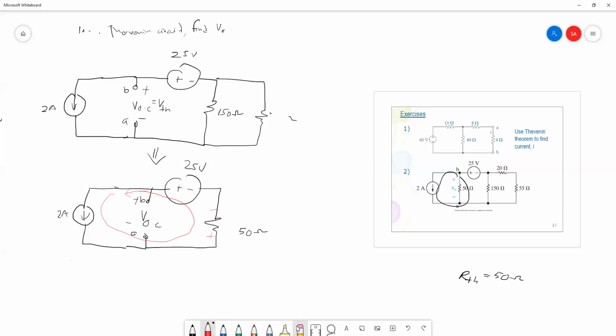So the voltage for the 50 ohm is positive, 50 multiplied with 2 amperes, so you should get 100 volts.